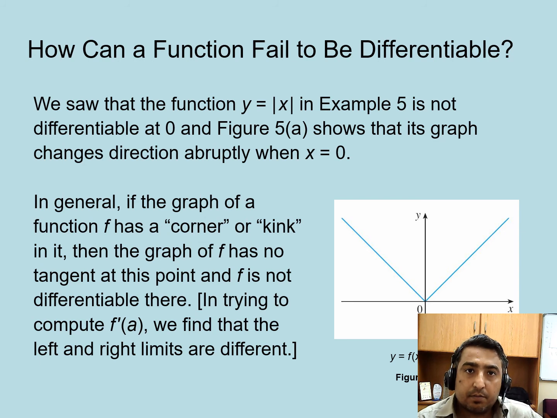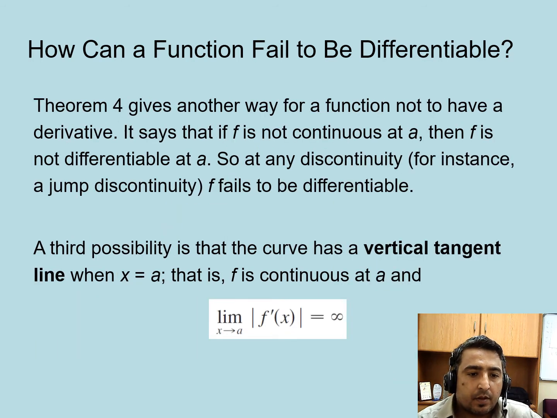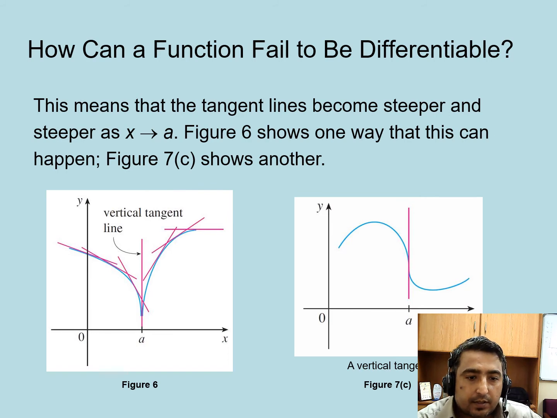Some corners, discontinuities, like the example we had, and places where there are vertical tangent lines, like a vertical asymptote, as in this example.